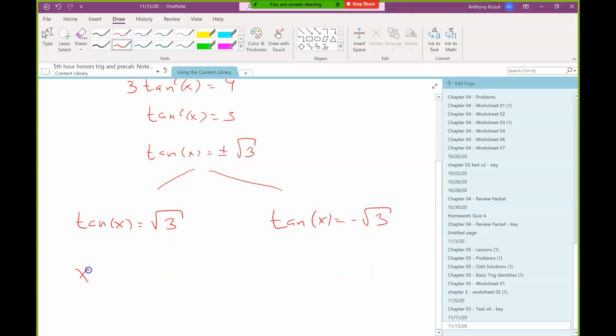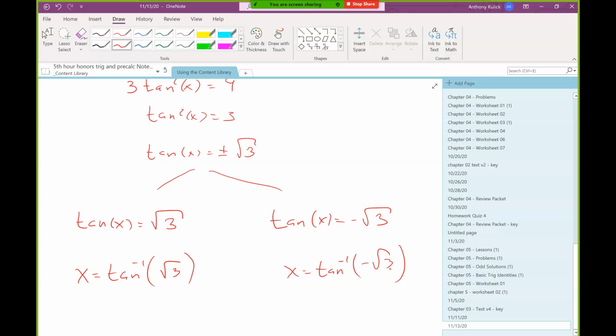And then we'll apply our inverse. Okay. And now I would be going, or attempting to go, to the unit circle to look up the angle measures here.